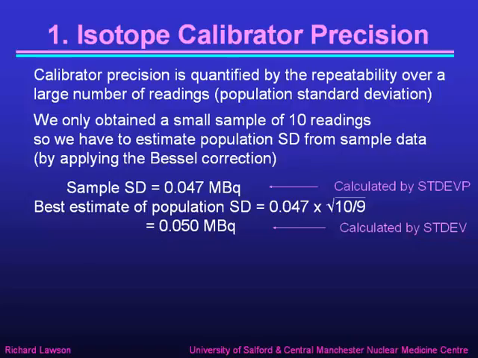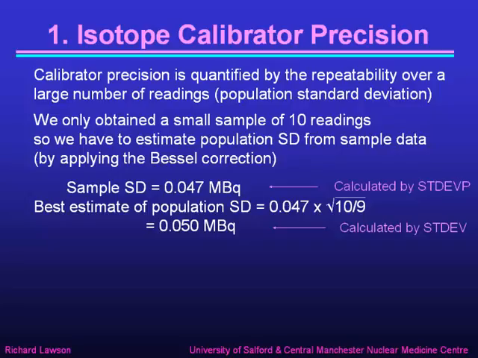That's just another illustration of the fact that the function with the p at the end calculates the sample standard deviation if it's given sample data, despite the fact that there's a p at the end, and the one without the p at the end gives the best estimate of the population standard deviation if you give it the sample data. So stdev without the p already includes the Bessel correction.